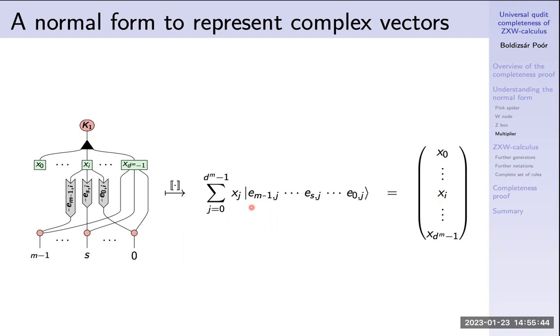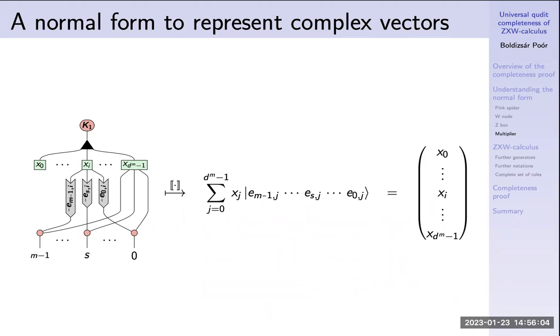But here we have d dimensions. So it essentially works the same way, but it can express many more numbers because the power base is bigger. All right, so this is the normal form.